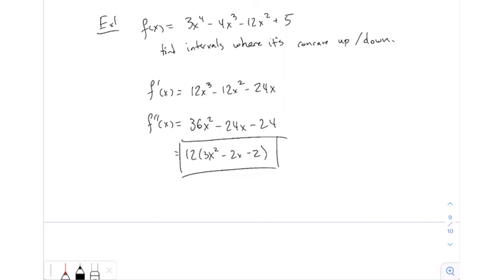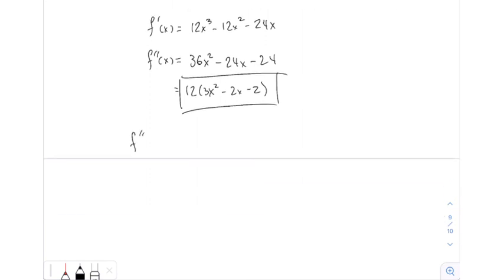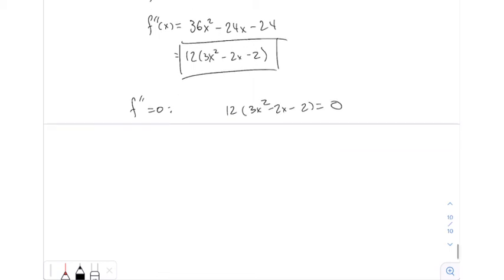Anyway, I'm going to set the second derivative equal to 0. It'll say 12 times 3x squared minus 2x minus 2 equals 0. I can get rid of the 12. It's not relevant. It's just 3x squared minus 2x minus 2 equals 0. And here, I need to use the quadratic formula because, like I said, this doesn't factor nicely.